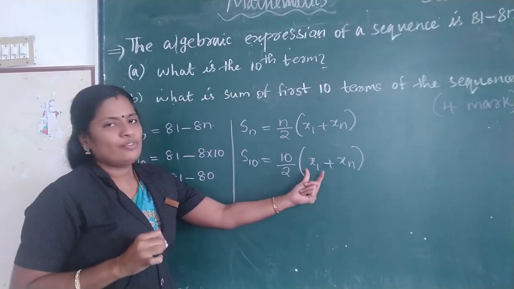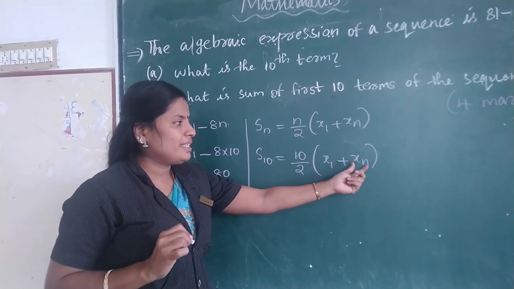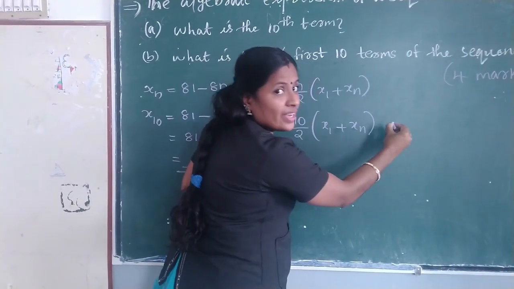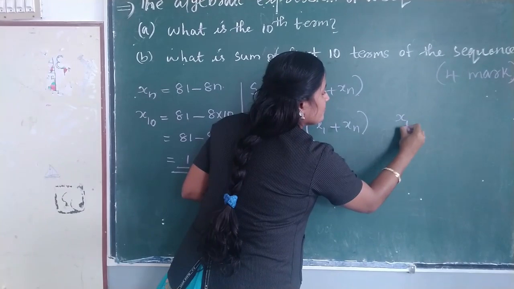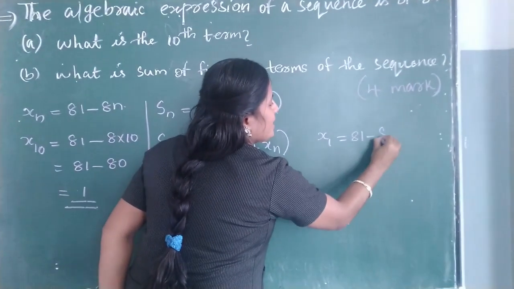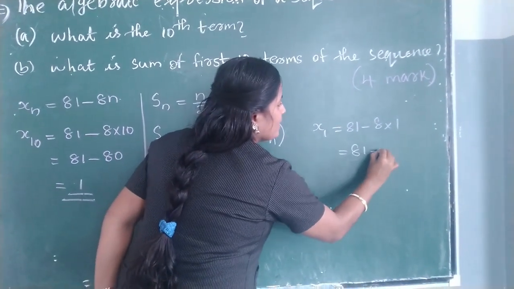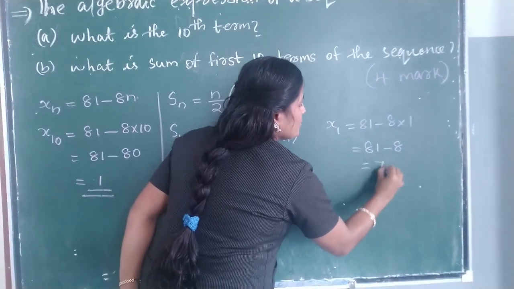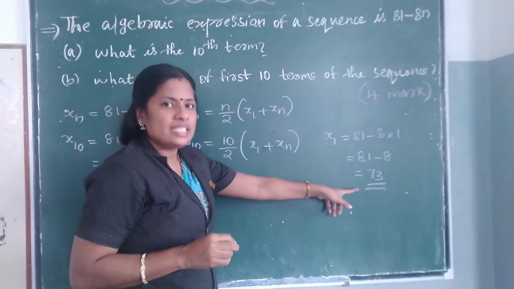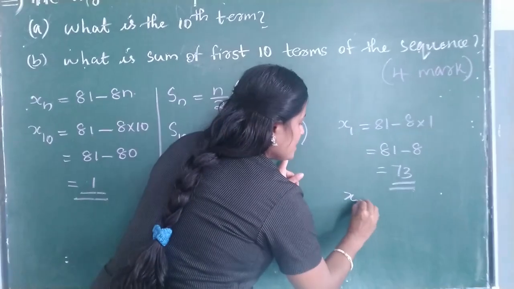So here we have to find x1. xn means the last term of the sequence. x1 equals 81 minus 8 into 1, that is 81 minus 8, which is equal to 73.